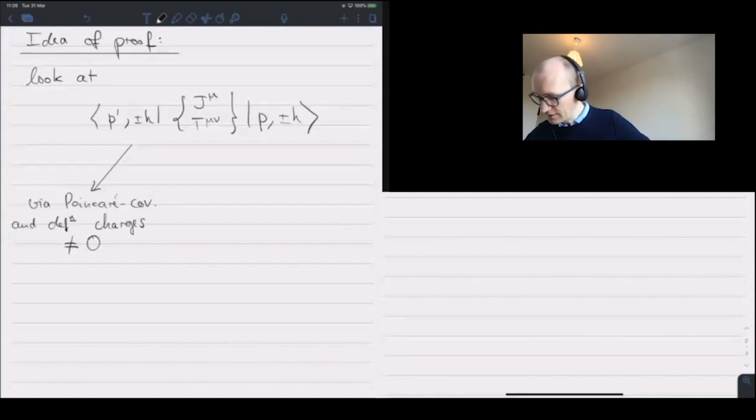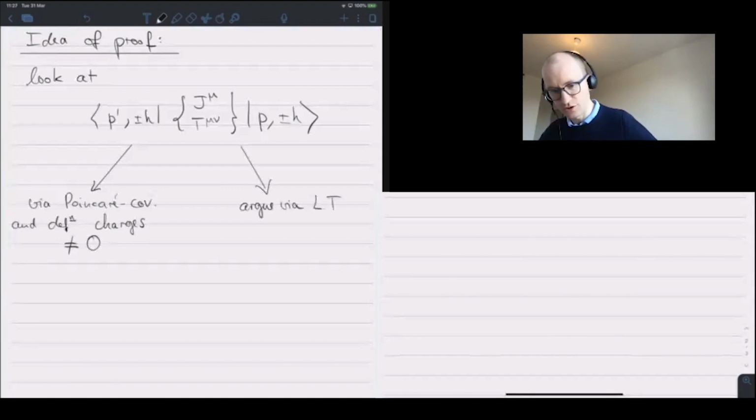But then we look at a different line of argument in which we still look at the same kind of matrix elements, but now we argue via the Lorentz or Poincaré transformation of the states themselves, so P plus or minus H, that these have to be 0.